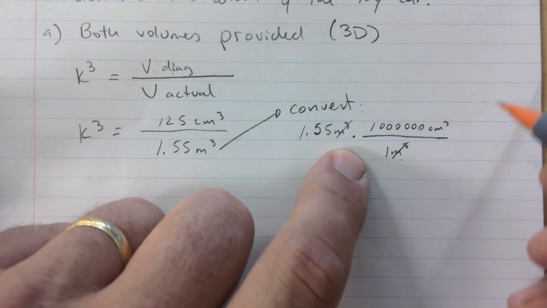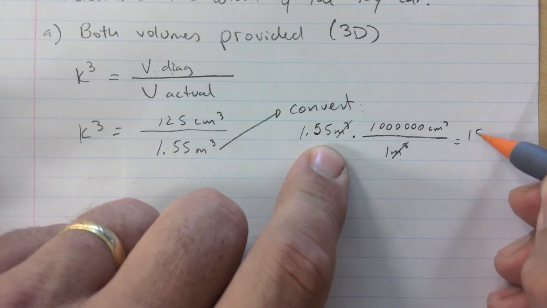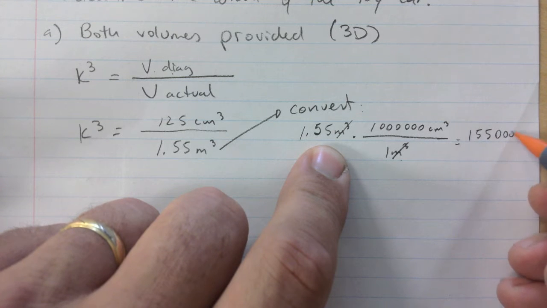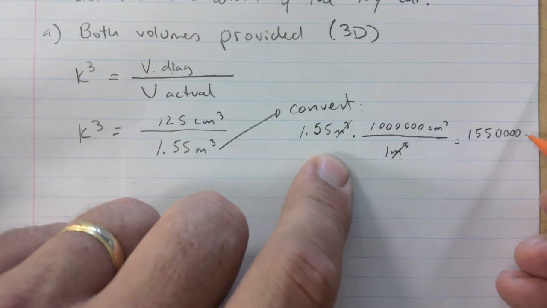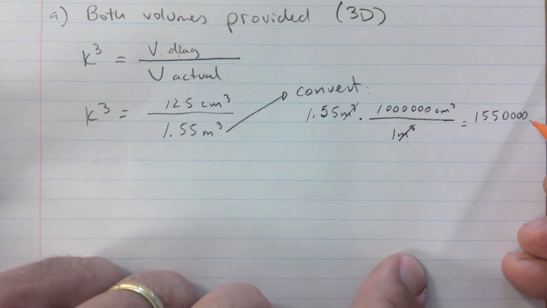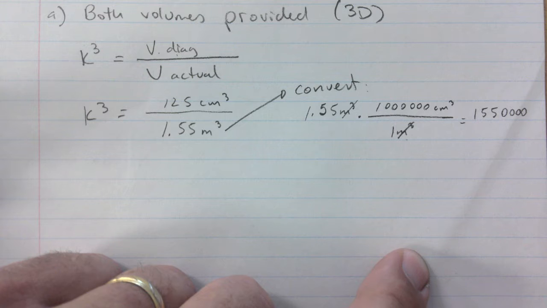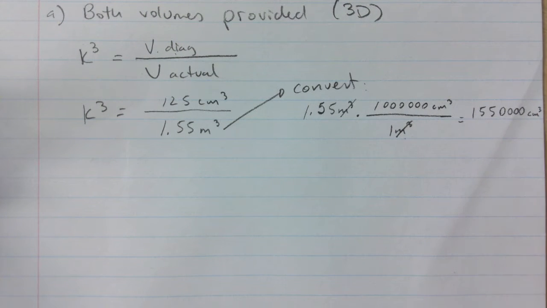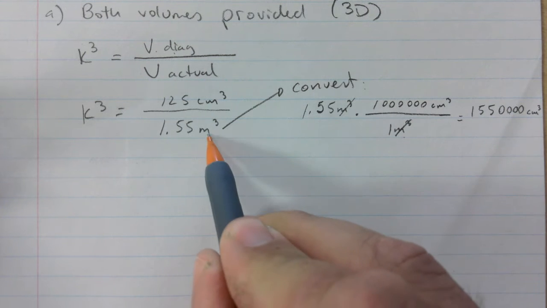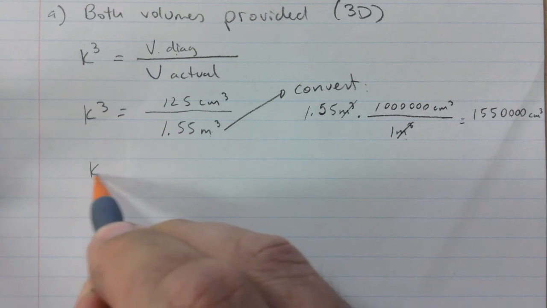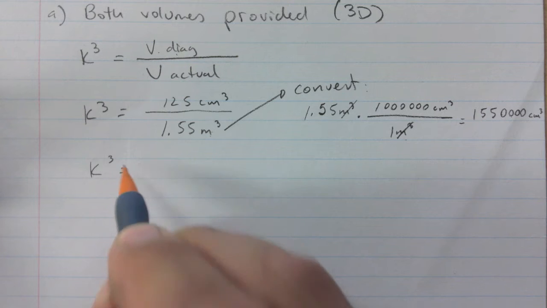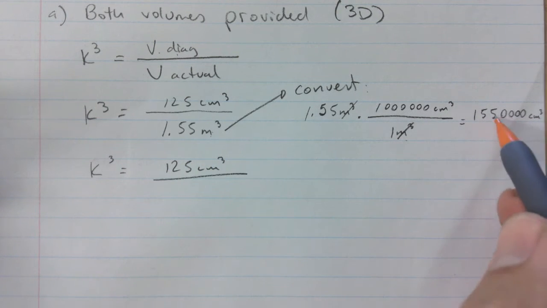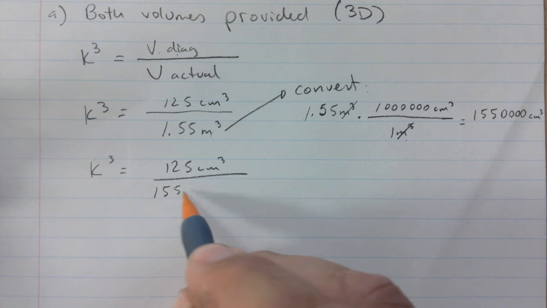You just do a quick conversion, and you end up with this, centimeters cubed. We need to convert this because a scale factor cannot have different units. So this is what we use instead.